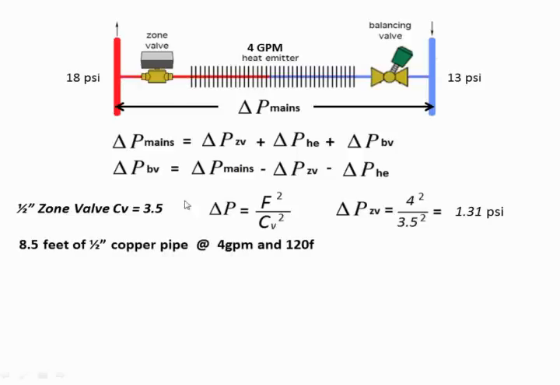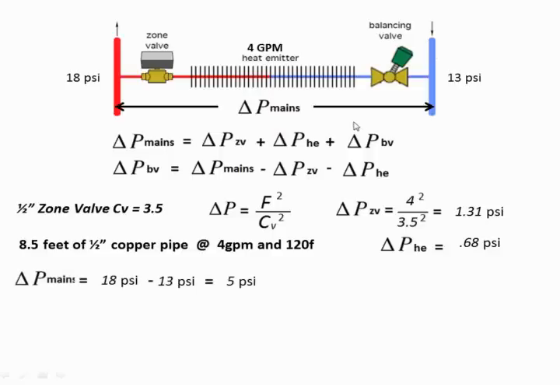Let's go on to the heat emitter. Let's say we have 8.5 feet of heat emitter. Now manufacturers of baseboard and other emitters will publish pressure drops as a function of flow rate. That's one way of determining it, or there's many hydronic formulas out there in the marketplace that can calculate this.